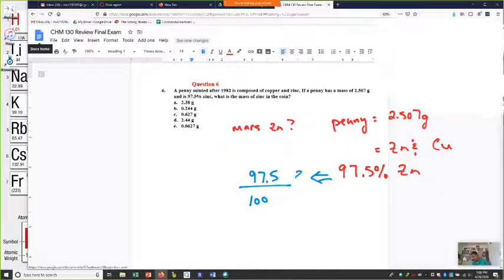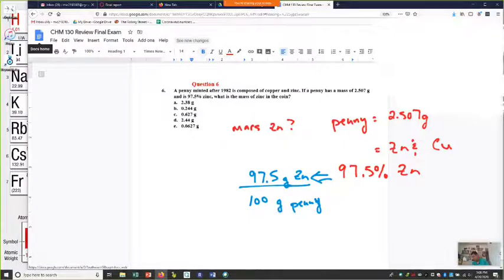This is in reference to zinc per wherever it came from, in this case, the penny. The measurement unit for these is so common that it's typically not written, but when we're looking at percentages, they're almost always by mass, particularly if they're for solids. So this would be 97.5 grams of zinc in 100 grams of penny.